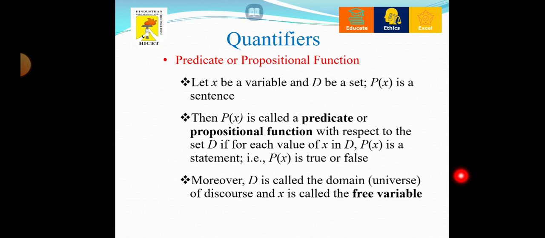That is, the quantifier concerns the nature of the variable, which belongs to some domain set D. Moreover, D is called the domain or universe of discourse, and x is called the free variable.